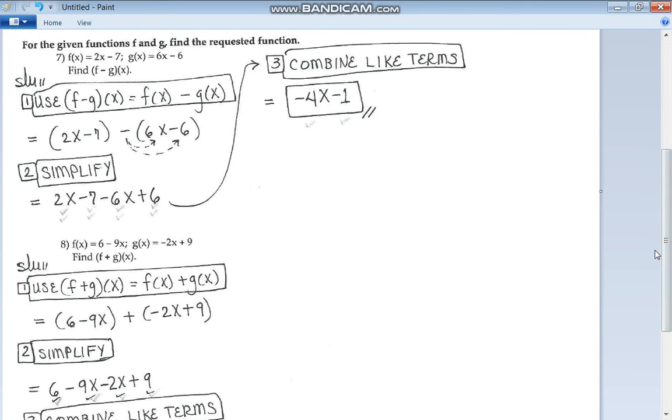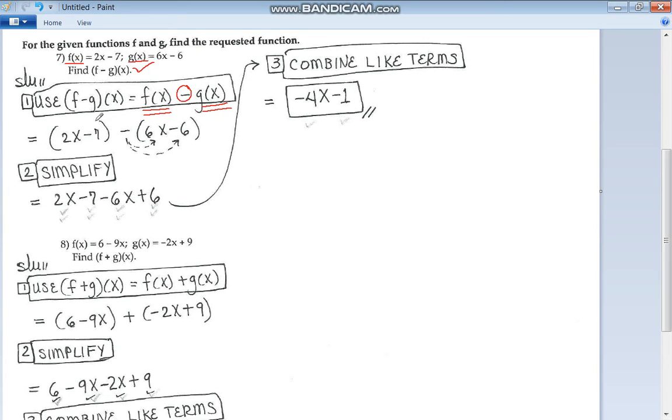Number 7, for the given functions f and g, find the requested value. So they give us f here, they give us g here, and they want us to find f minus g of x. So the first thing we use is the fact that f minus g of x is the same as f of x minus g of x.